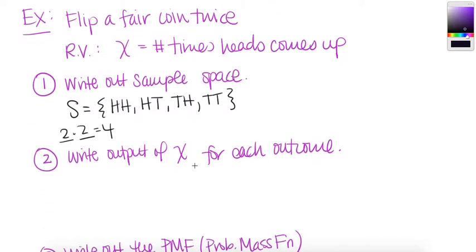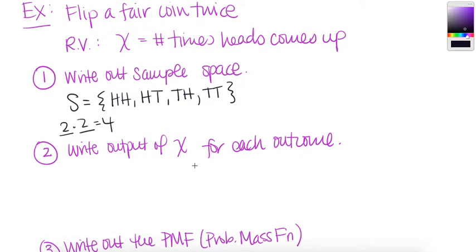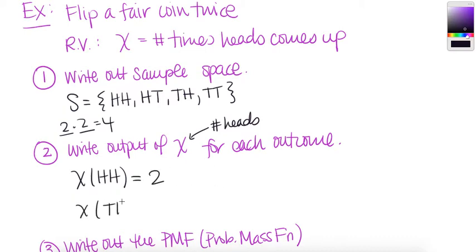And now what we want to do in the second part of this example is write out the output for each outcome here. Remember, X is the number of times we get heads. So if we flip heads and heads, how many heads did we get? We got 2. What is going to happen if we do tails and then heads?